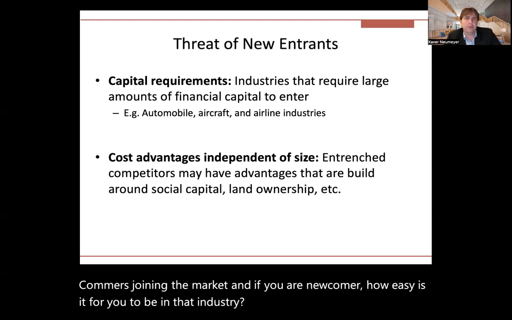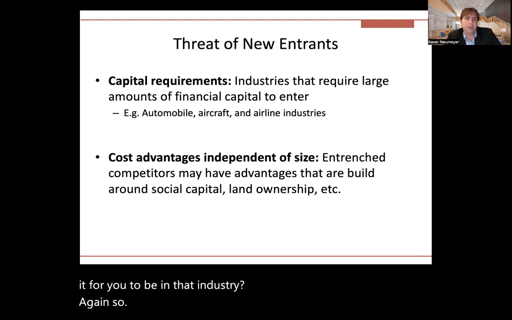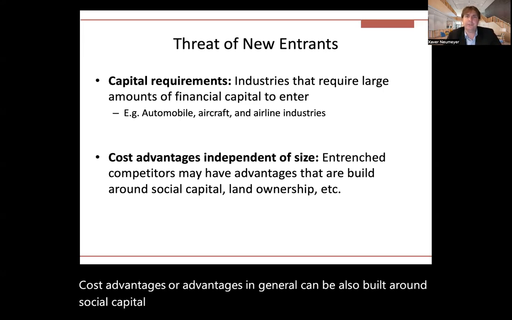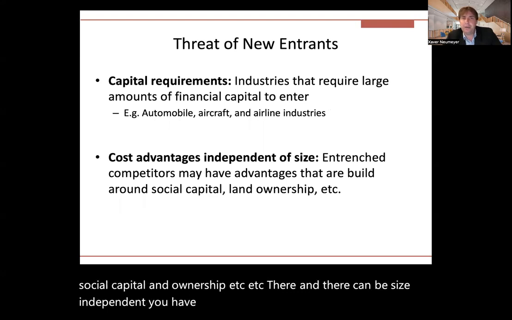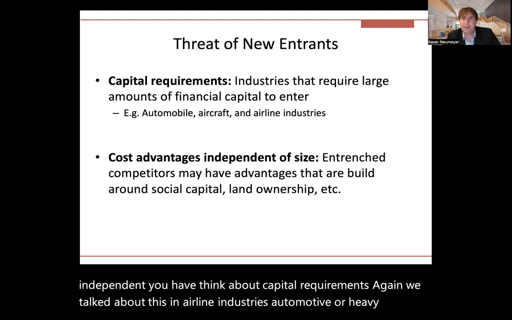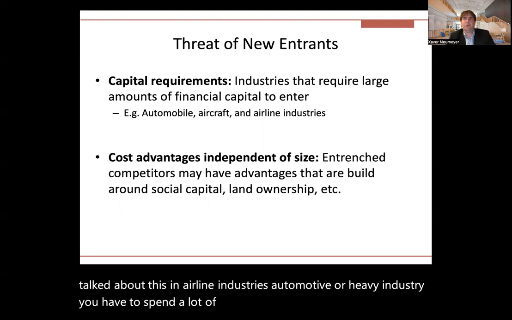Again, cost advantages or advantages in general can also be built around social capital, land ownership, et cetera, et cetera. And that can be size independent. You think about capital requirements. Again, we talked about this in airline industries, automotive, or heavy industry. You have to spend a lot of money, right, to buy this equipment to operate.